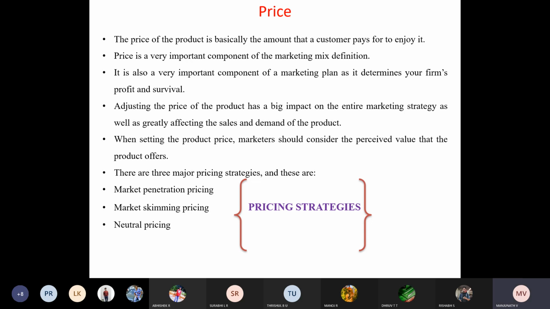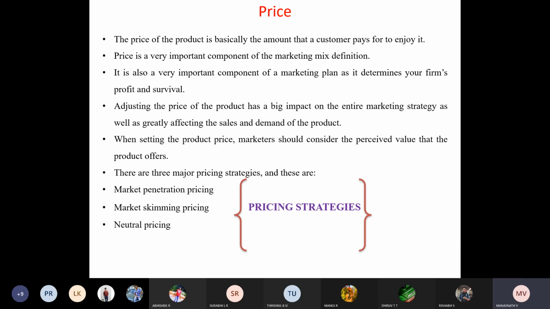Now let me continue with the price part of it. Basically this is the amount that a consumer is willing to pay or has agreed to pay to enjoy the services. That's the basic definition of price as an important component of the marketing mix, and also an important component of the marketing plan.